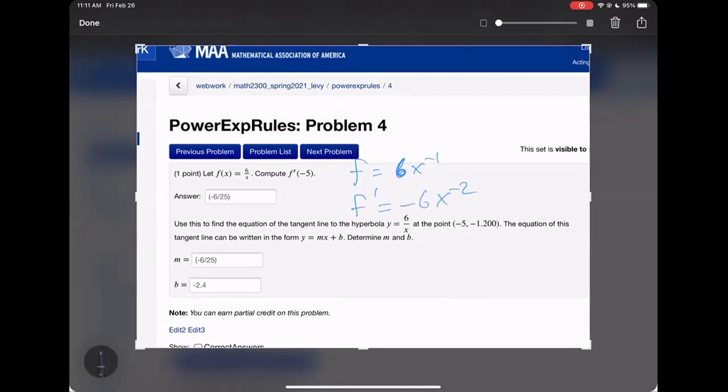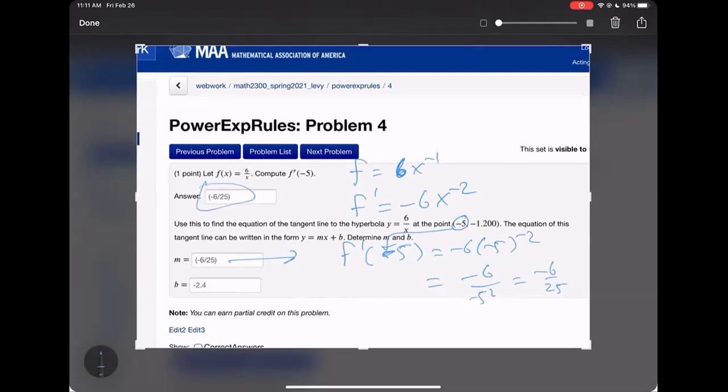So that's the derivative. And then when we want to find the slope, you just plug the number that you're interested in. And we want the number -5. And so we're just going to plug in -5. And so the slope is -6 over -5 squared, which is what you ended up with. Right?